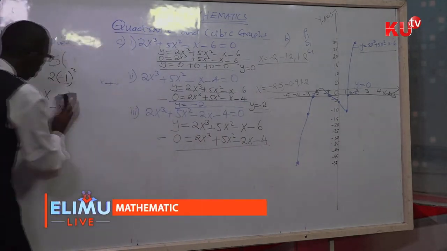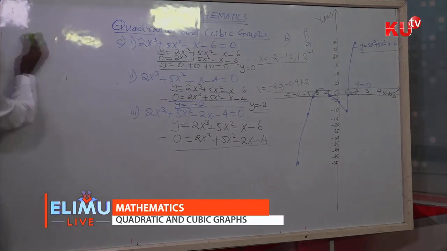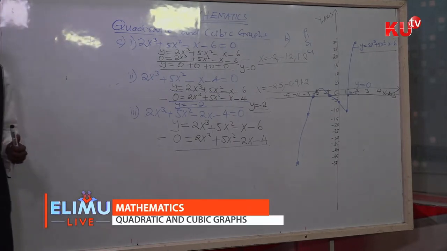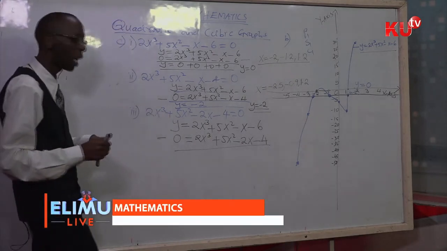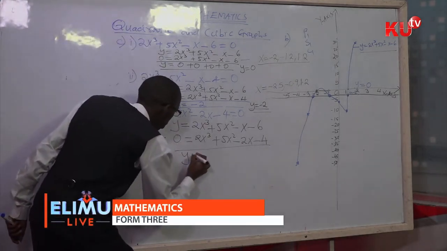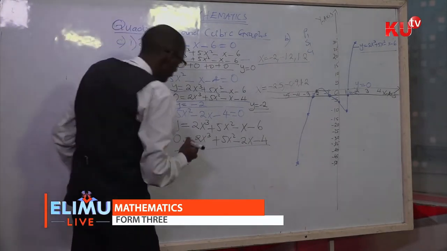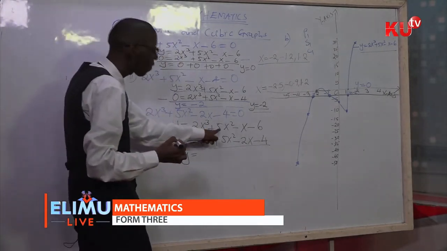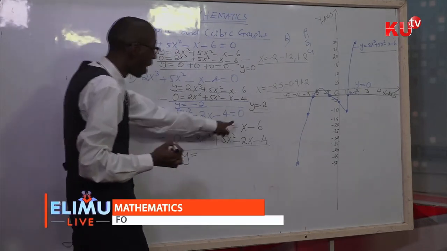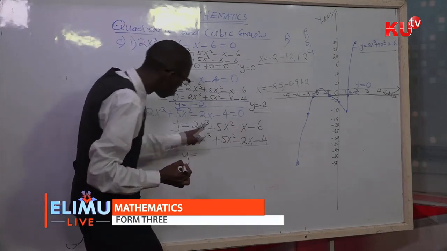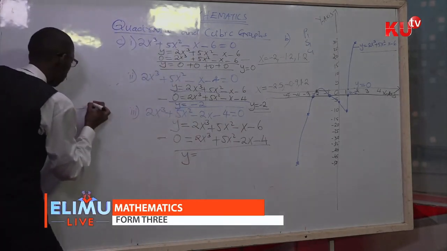My dear student, check on this question very well. This is the part of the question that carries a good percent. That means it is the most important point of the question. You must understand it very well. Now, y minus 0 is y, is equal to 2x cubed minus 2x cubed is 0. 5x squared minus 5x squared is 0.